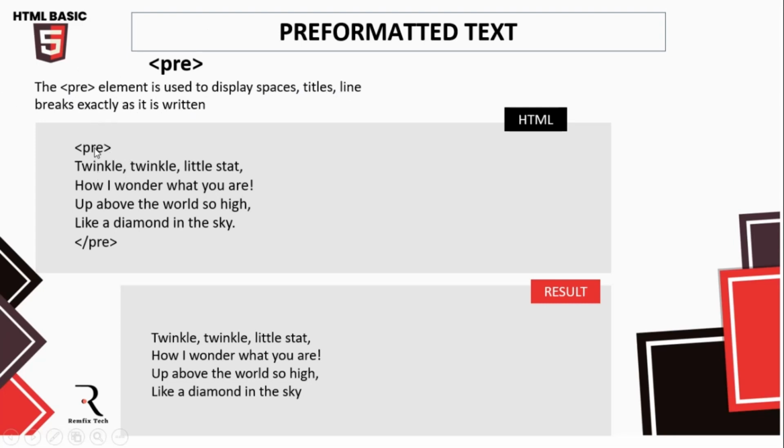For instance, without putting this pre, if I just place a paragraph, P and the closing P, and write out this same content here, my browser will display it as a normal sentence, keeping just a space in between. But with the use of pre, I can preserve the style that I typed out this content, and that's the use of the pre tag.